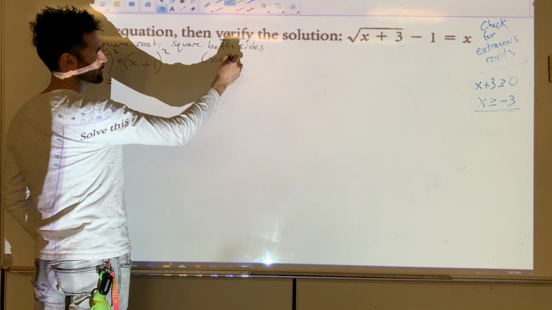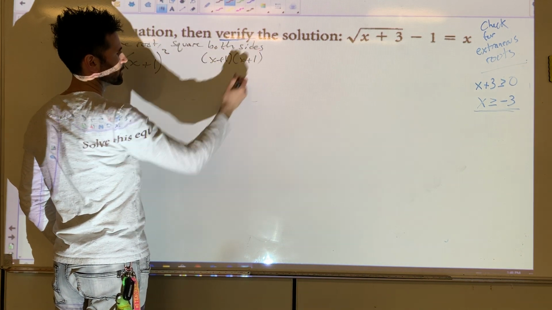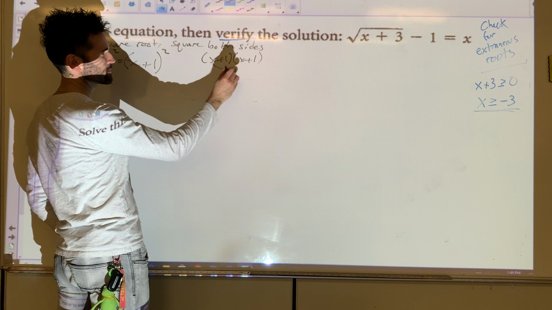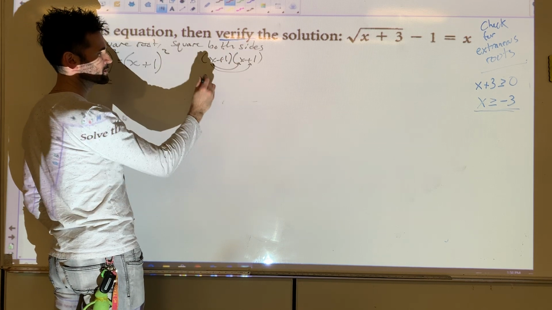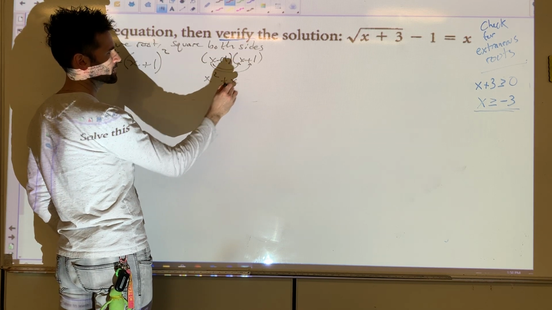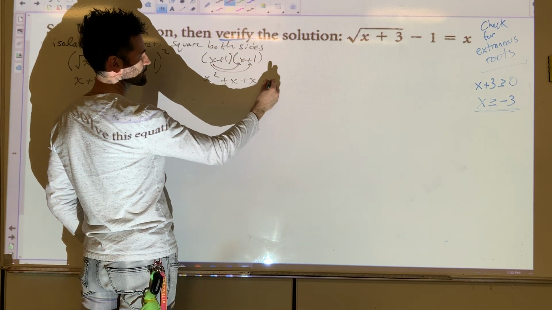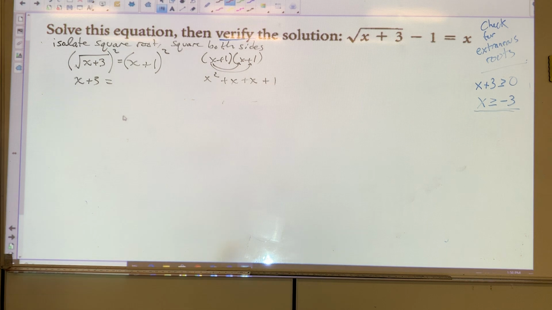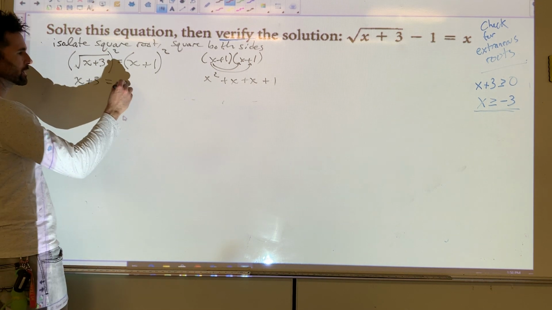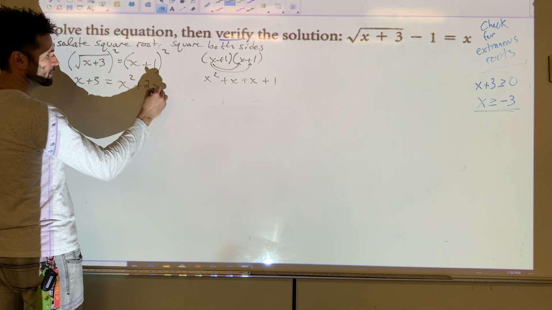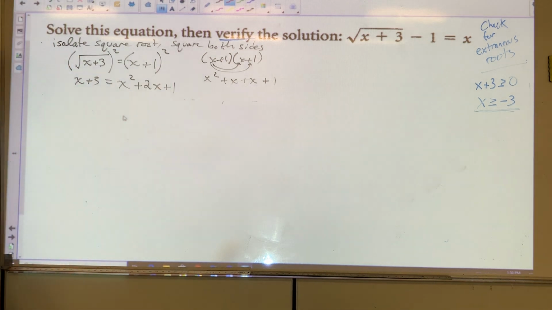Maybe over here, I'll do that work. I just remember the first term has to multiply both of the second ones. So I get x squared plus x, and then this needs to multiply those again, so you get plus x plus 1. When you group your like terms, you get x squared plus 2x plus 1.